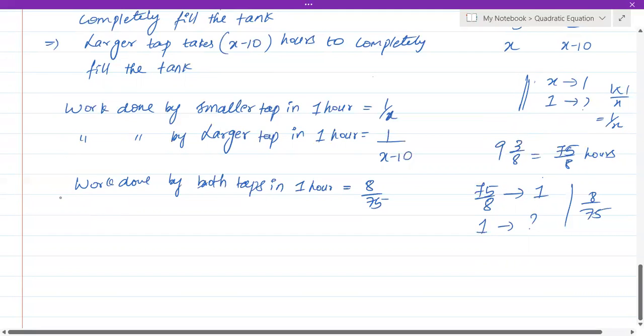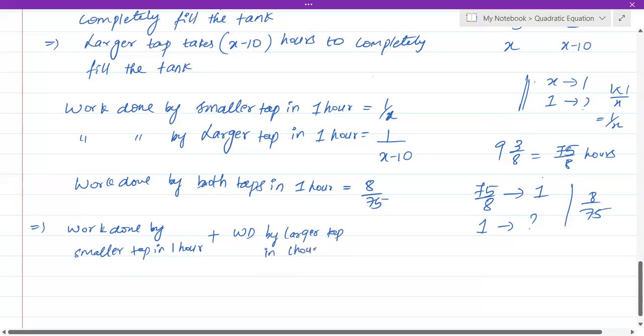In the same manner, work done by the smaller tap in 1 hour plus work done (WD) by the larger tap in 1 hour is equal to work done by both in 1 hour, isn't it? It's very obvious.